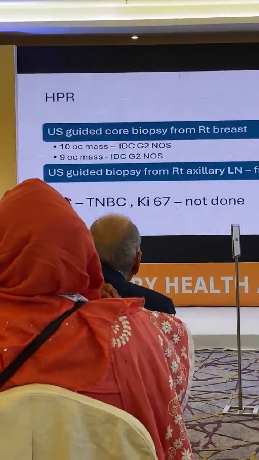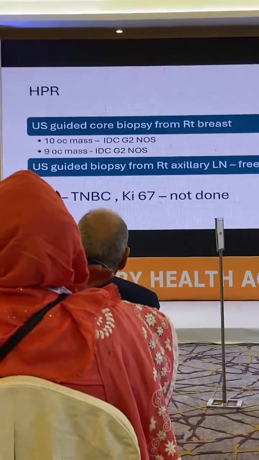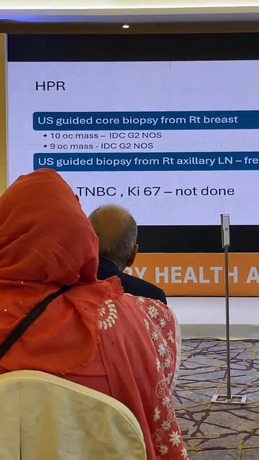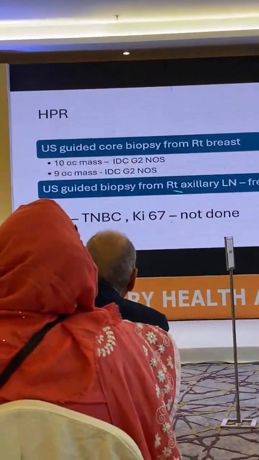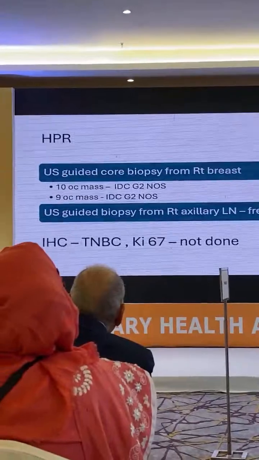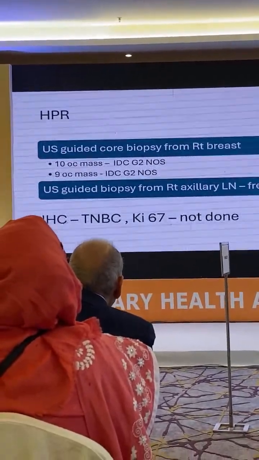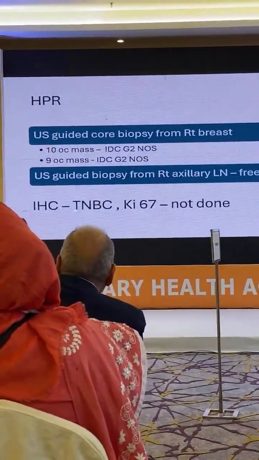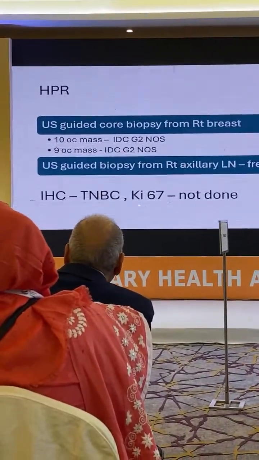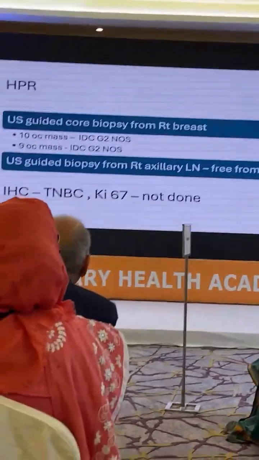You see, both the lesions are infiltrating carcinoma, grade 2. And the ultrasound guided biopsy from the right axillary lymph node is free from tumor. And the immunohistochemistry came as triple negative breast cancer, Ki-67 not done.